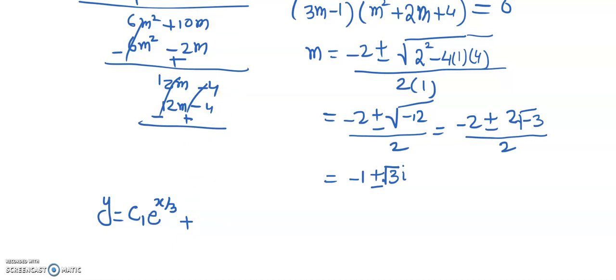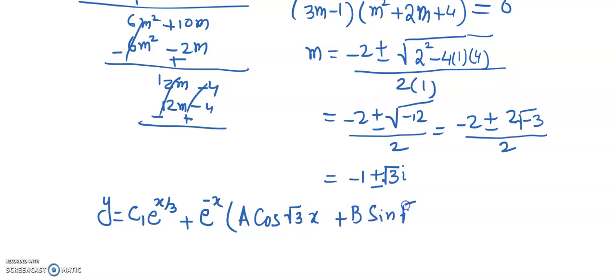So these are the complex roots. So it will be e to the power minus x times a cosine root 3 x plus b sine root 3 x. So this is the solution.